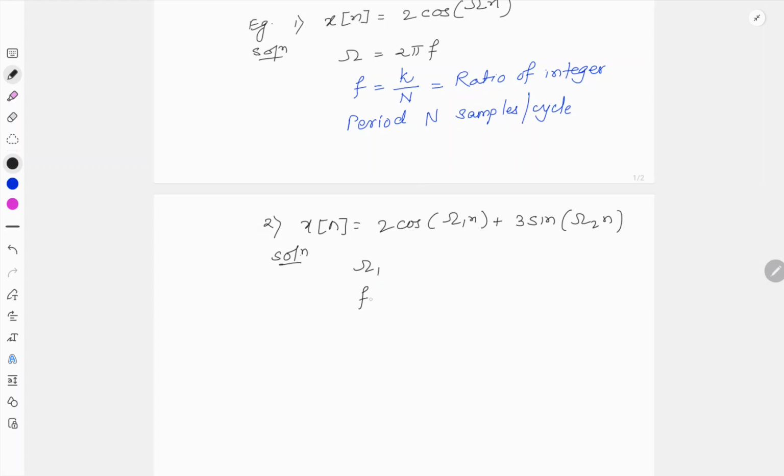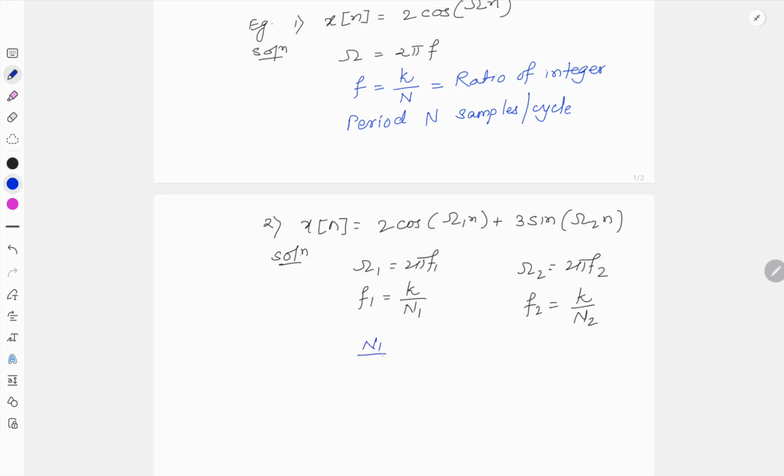From omega 1 we find f1, so from f1 we get k by n1. We have omega 2 equal to 2 pi f2, and from this f2 we again find k by n2.